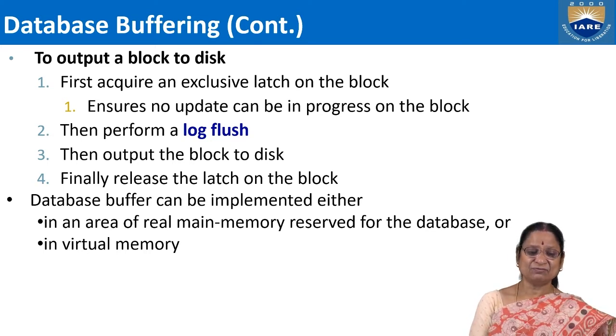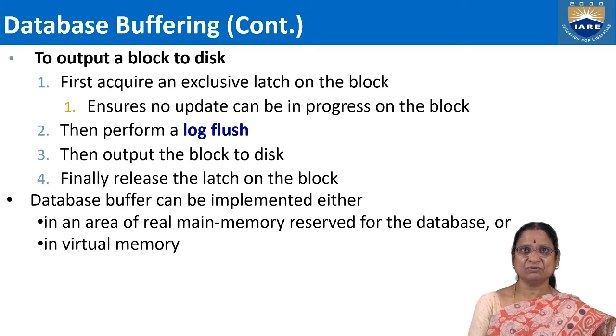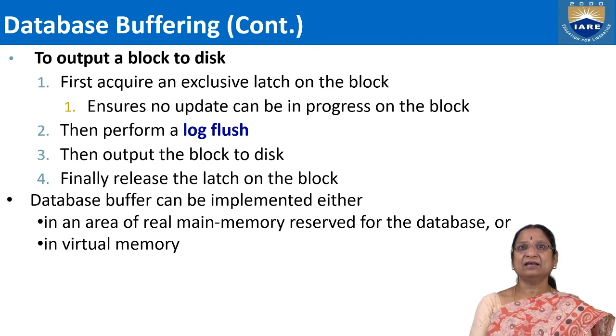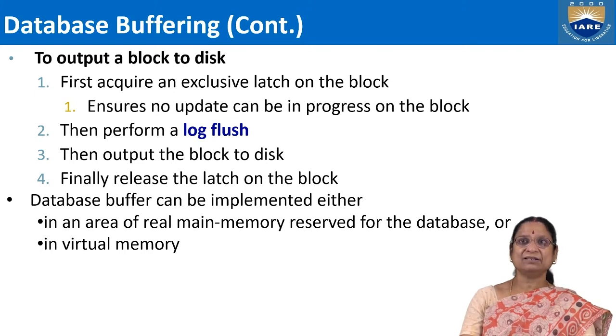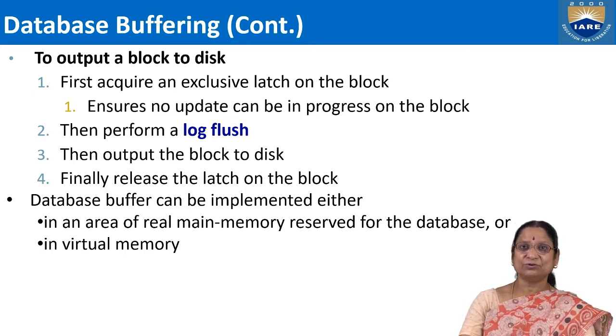So these are the steps we will follow, which we explained just now, to output a block to the disk. Whenever the block is going to be output from the buffer to disk, what are we supposed to do first? It should not be allotted to any other transaction. So for that purpose, first acquire an exclusive latch on the block. I told you, we call it a latch; it is nothing but just like an exclusive lock. Then ensure no update can be in progress on the block.